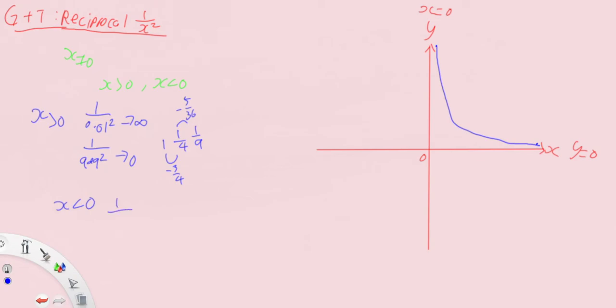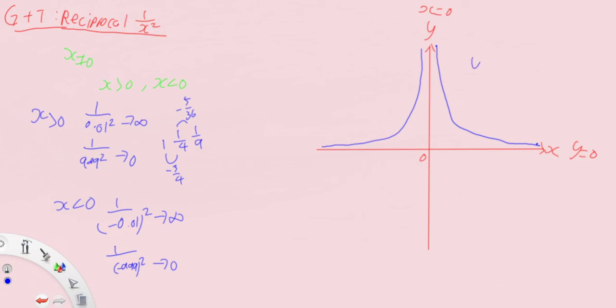Same idea: if you have minus 0.01, the whole thing squared, you get the same value, positive infinity, because x squared is positive. Same thing for 1 over minus 999 squared. You get a positive denominator, hence your value will be positive, and this will be close to 0. So because it's x squared, you're going to get this shape as well for the negative x region.